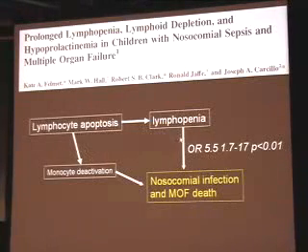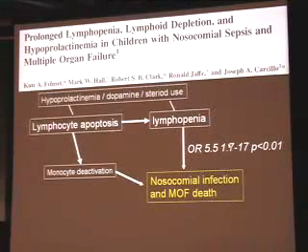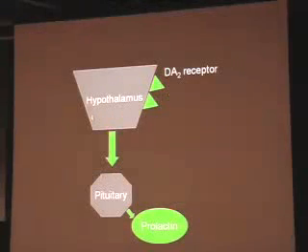The clinical observation they made was that low lymphocyte counts, especially if they are prolonged, greatly increase the risk of nosocomial infection and multi-organ failure death. And there is softer data, admittedly, because of the numbers, but still links between low prolactin levels, steroid use, and to some extent dopamine use on causing both of these observations. So the whole thing starts to link together, though it, of course, is not yet a complete story.